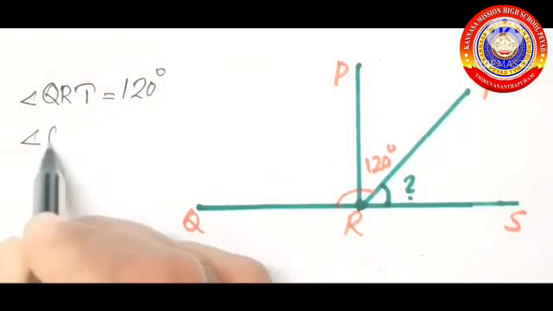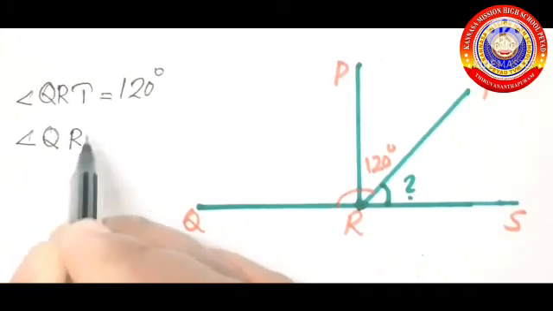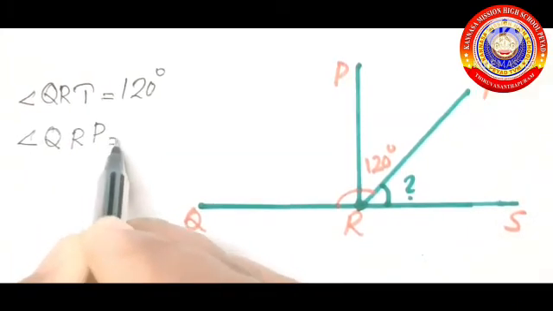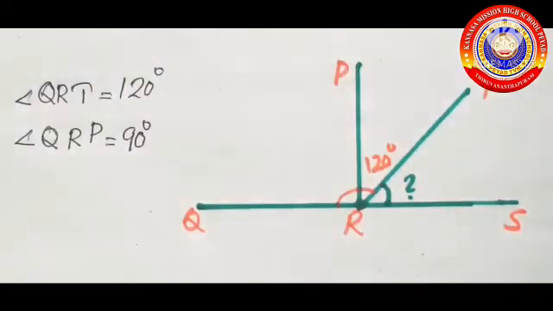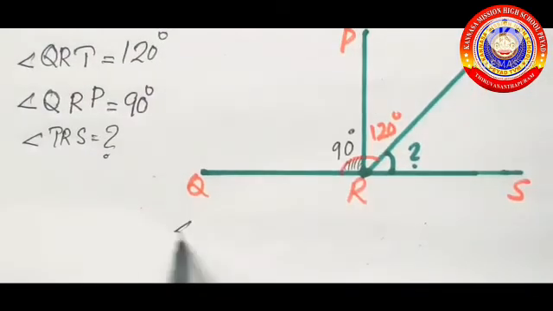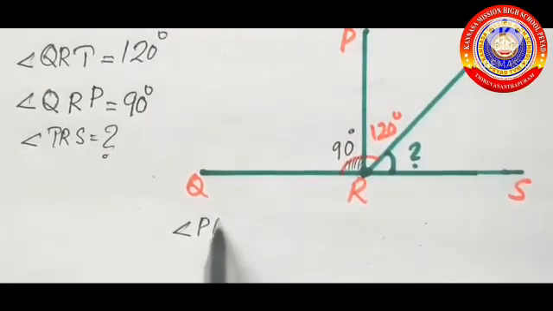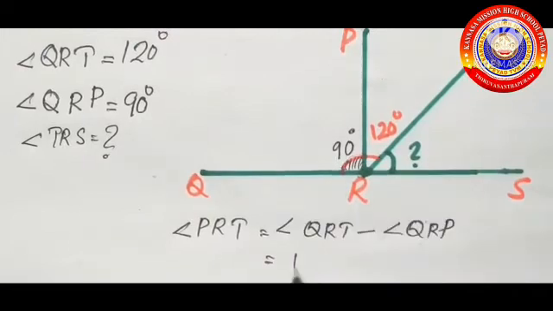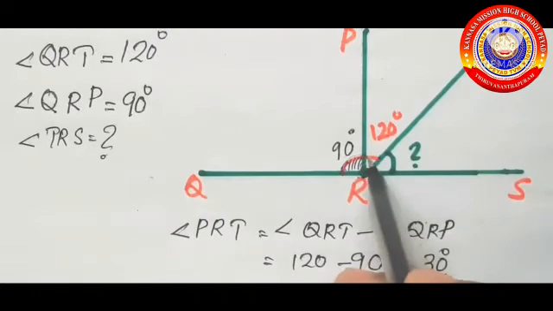We know that angle PRT is equal to angle QRT minus angle QRP, which is 120 degrees minus 90 degrees, which is equal to 30 degrees.